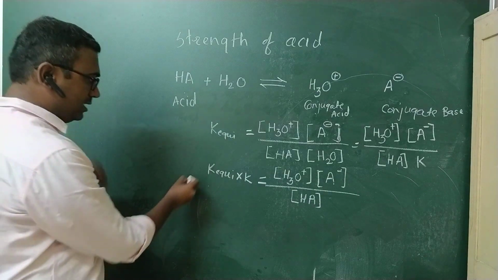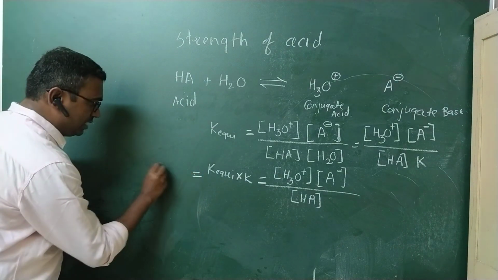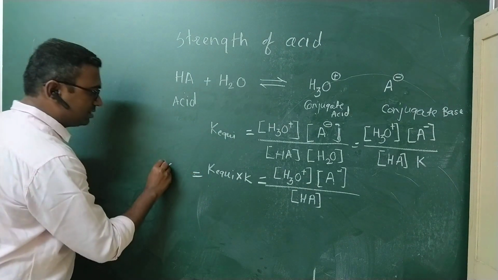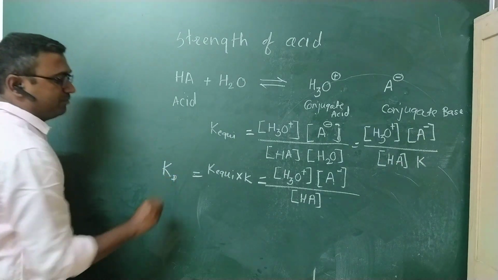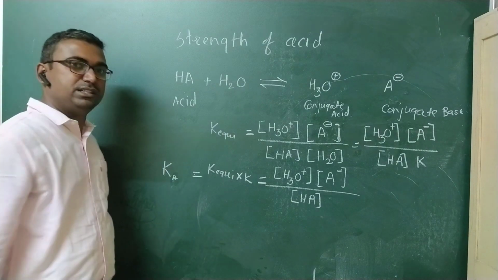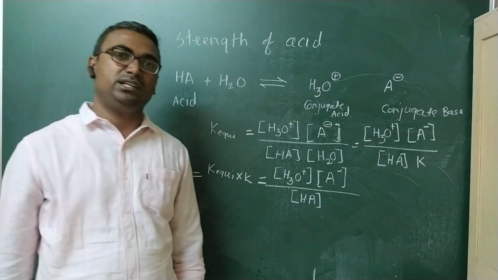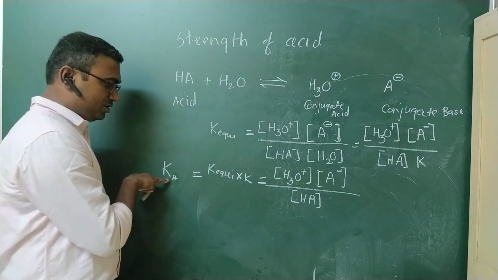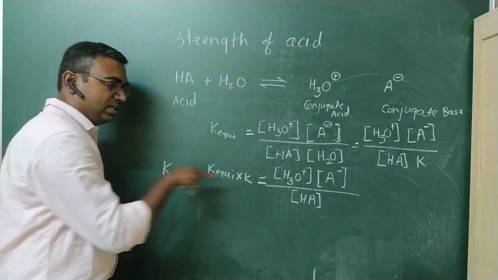This one is known as the dissociation constant, or we can write it as the dissociation constant of acid, Ka.